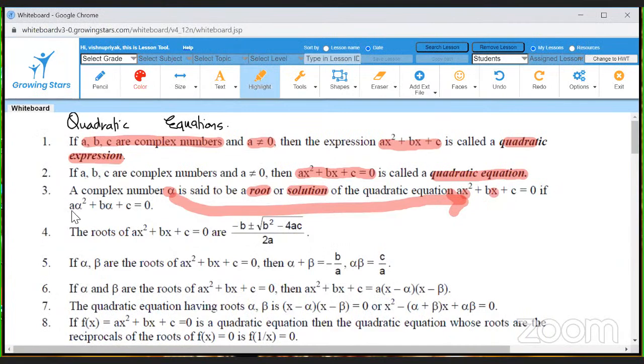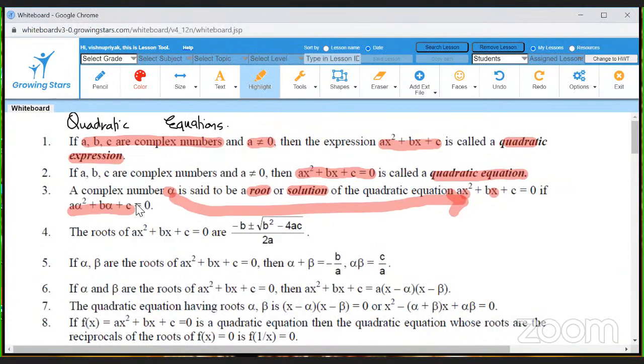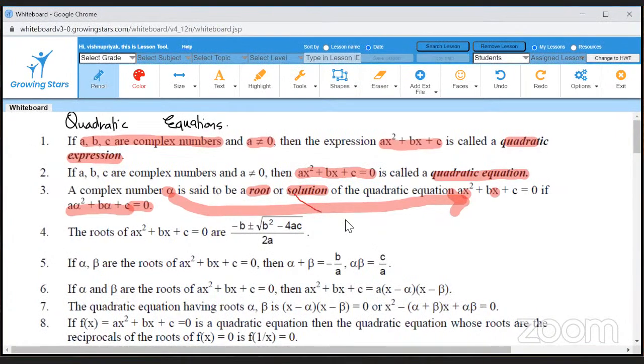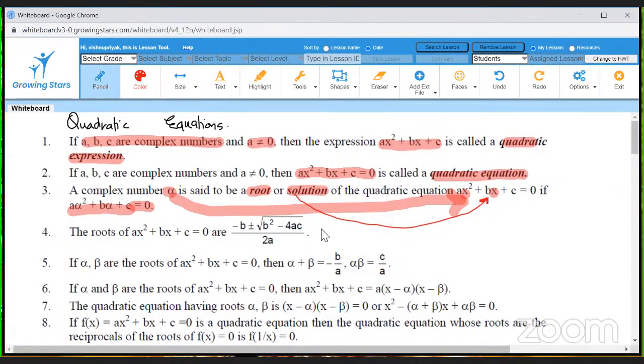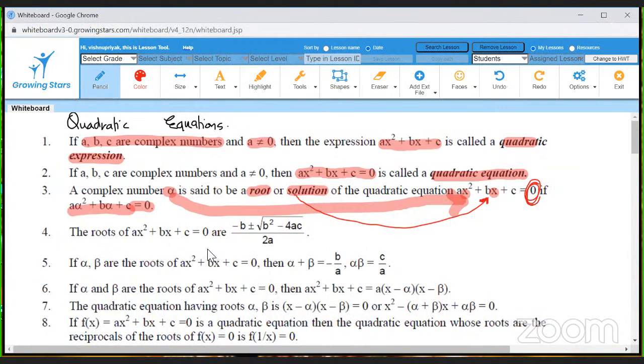Then you will have a alpha square plus b alpha plus c, and definitely the answer will be 0. So every root, every solution can be substituted for x and definitely you will get the answer 0.